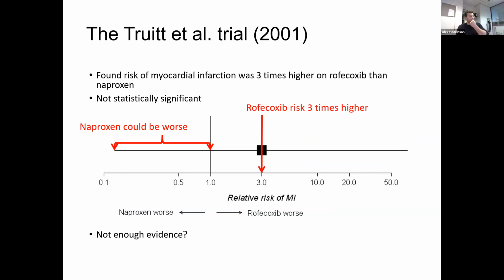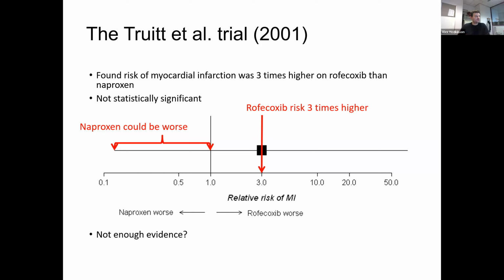Here's another study that was published a year later, and this time their results concluded that Rofecoxib was worse, 3 times higher, but it wasn't statistically significant. That's because you can see on the left-hand side, it's overlapping the null, and therefore there is a possibility that it could be better.